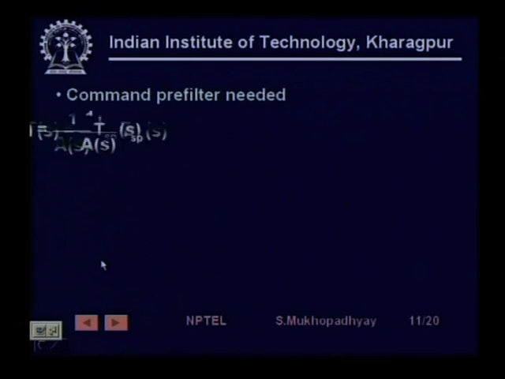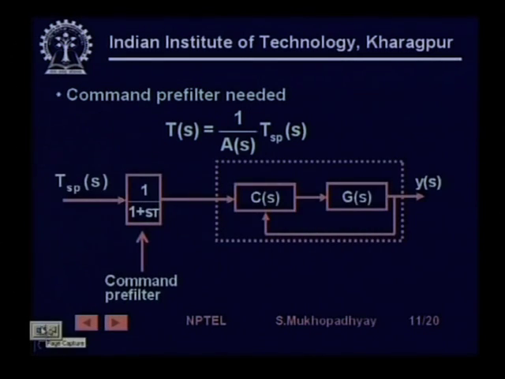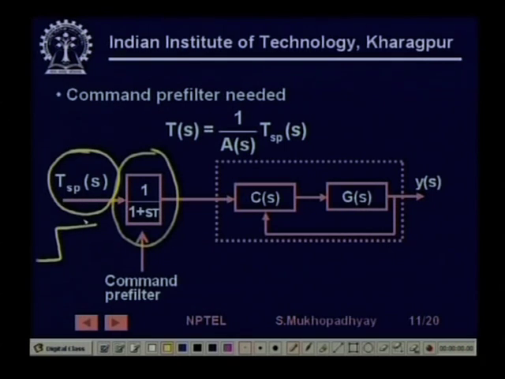So if we have step like set points, we often put what is known as a command prefilter, in which we do not allow the operator to give the set point directly to the plant, but we put a filter in front, so that even if he gives a set point, the actual set point which will go to the plant will rise slowly.